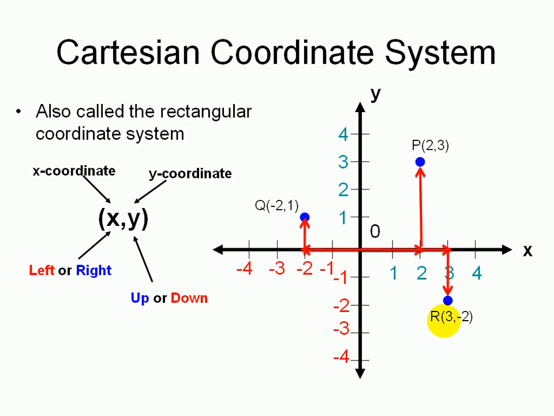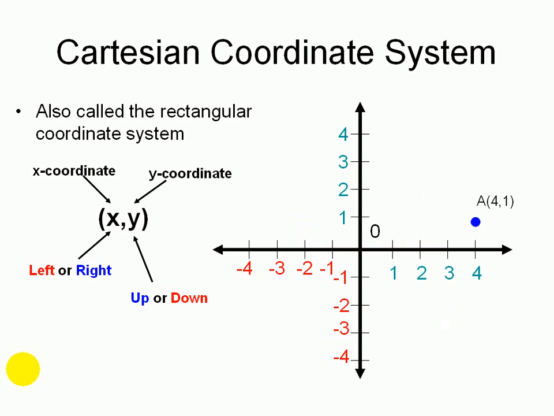So let's go through a couple more examples of how we can plot a point in this Cartesian coordinate system, which is also called a rectangular coordinate system. This point here, we'll call it point A, is located at (4, 1). Again, this represents the x-coordinate, this represents the y-coordinate. What about this point B?